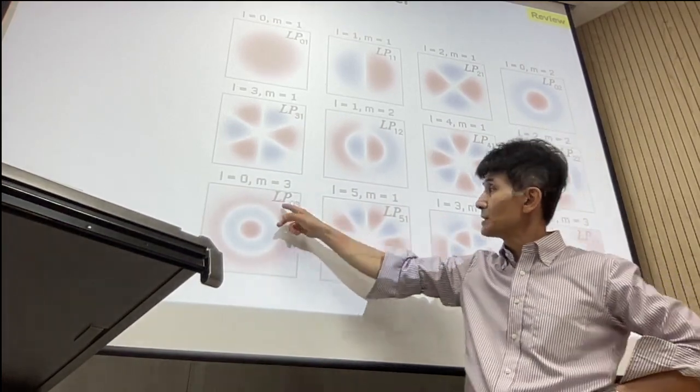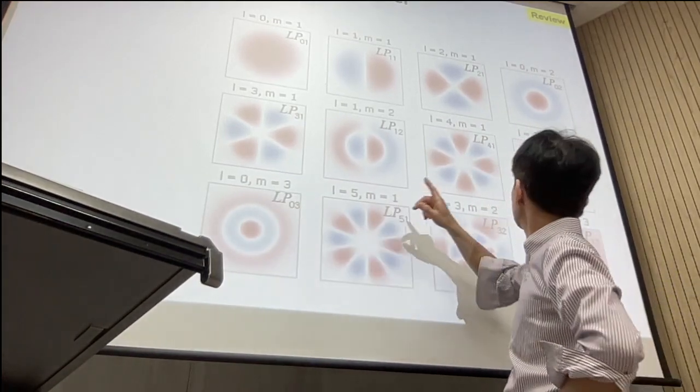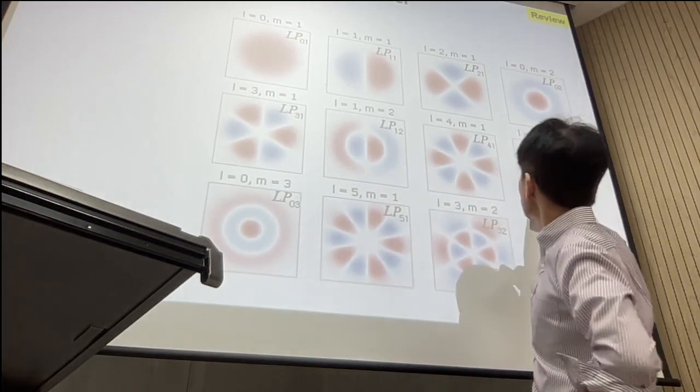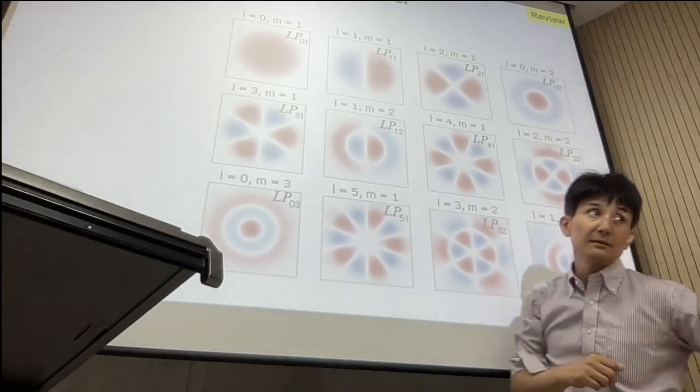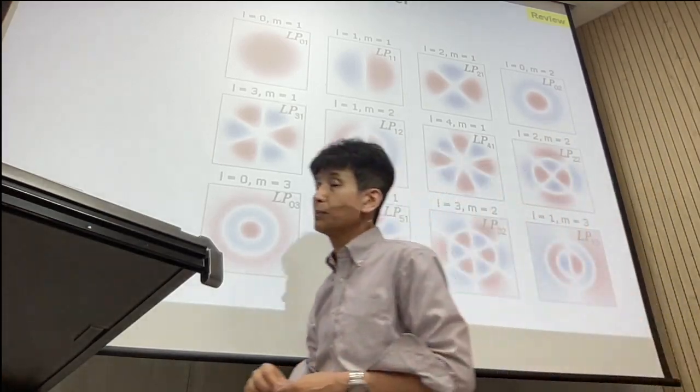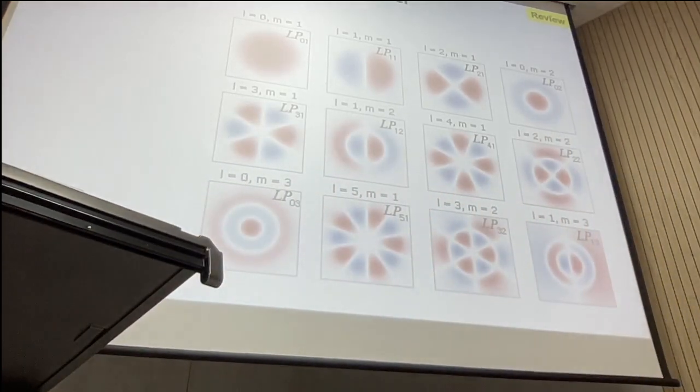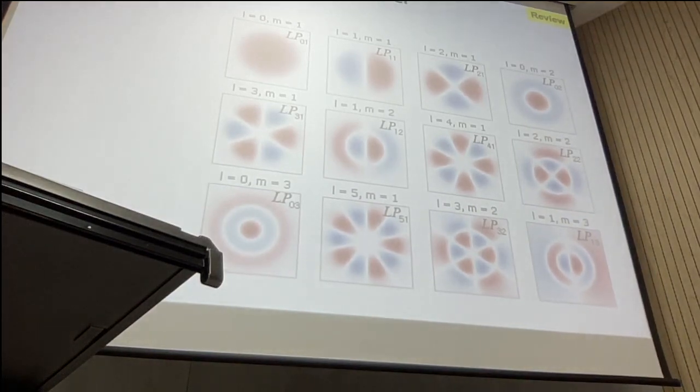And for LP02, we have 1 zero crossing over here. We can think about this as a zero crossing, so it has 2 zero crossings.